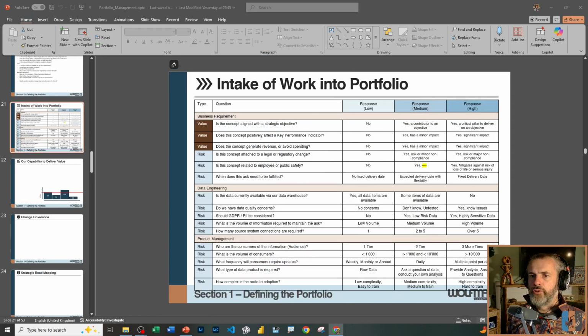But I think what would be really fun to do is to feed in the approach that we're taking to assessing the value and risk of a concept as it comes into the portfolio, or potentially comes into the portfolio. If we take this concept of asking these questions and giving these responses, we can feed all of these questions into the large language model.